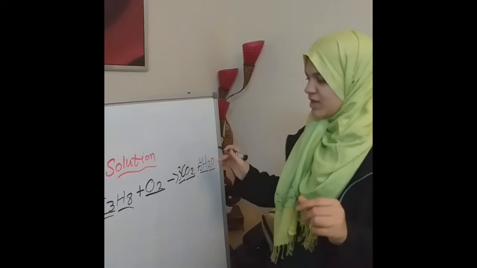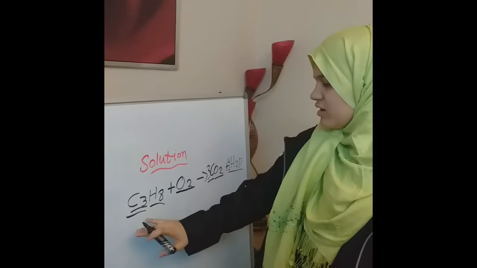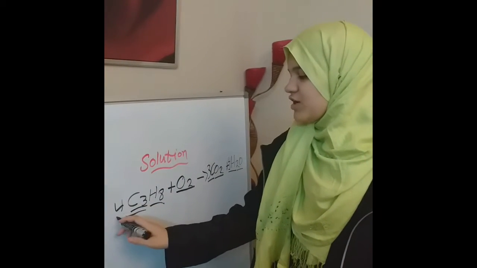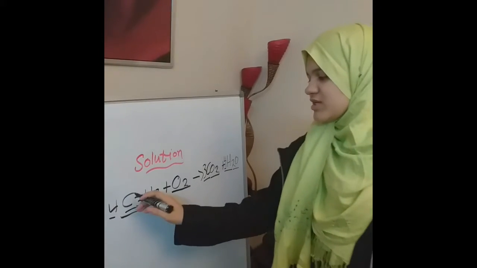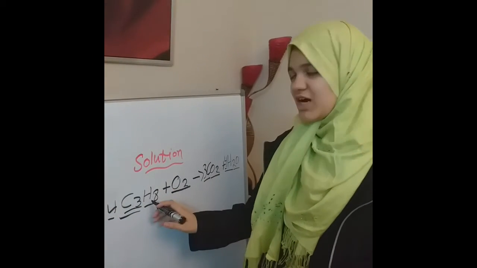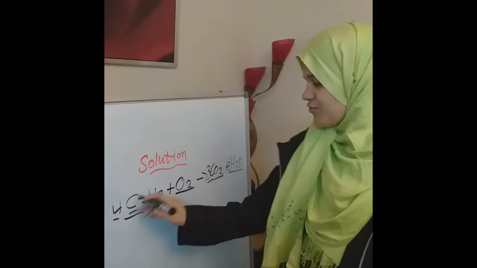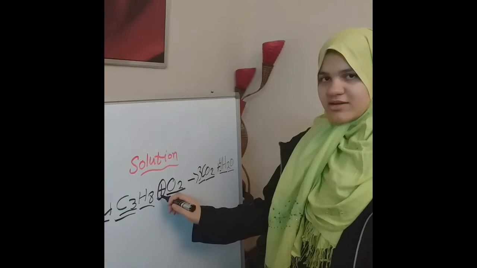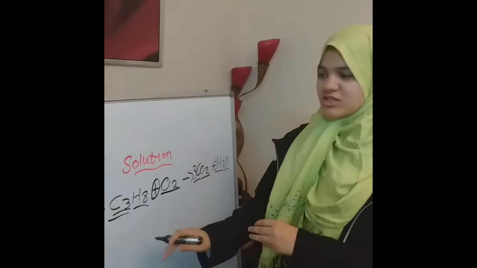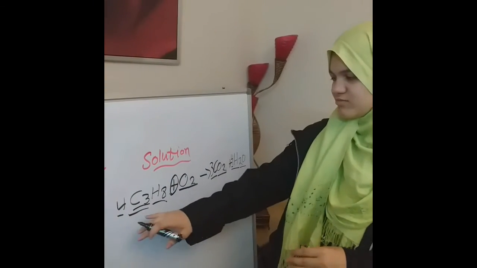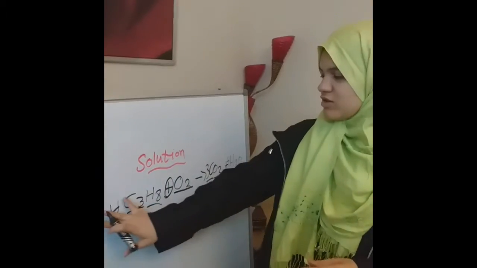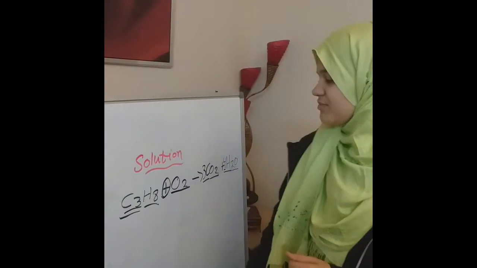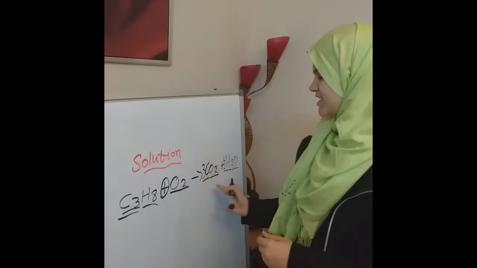For example, if we put 4 here, it will be for these 2, the carbon and the hydrogen, but it's not for oxygen because there is a sign here, so there is no relationship between them. So let us forget 4 because it's not from our example. Let us focus here to balance it.